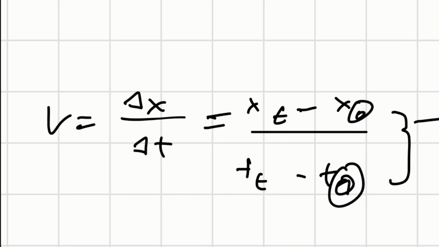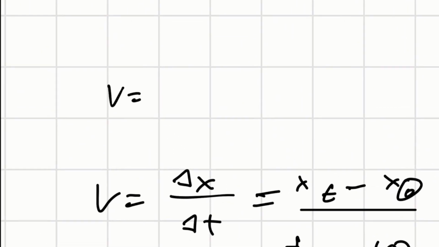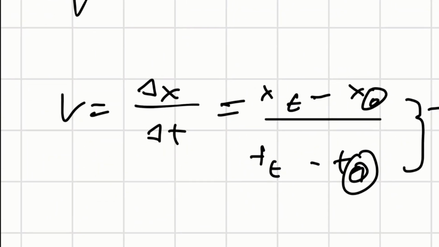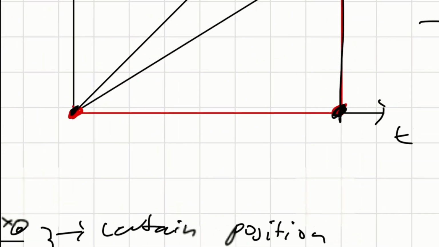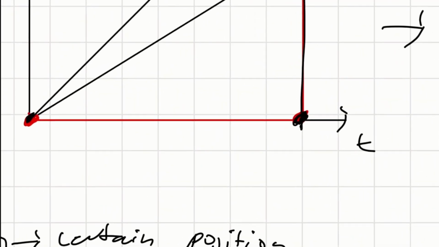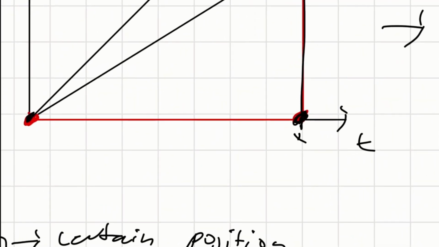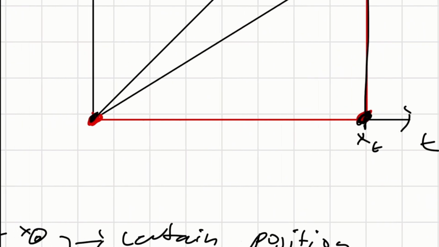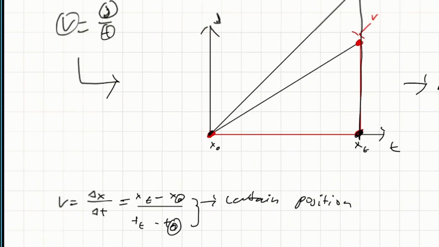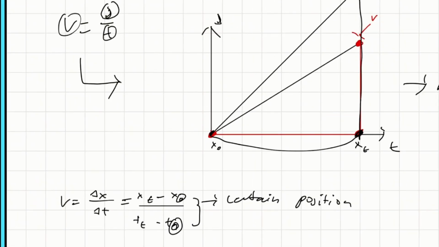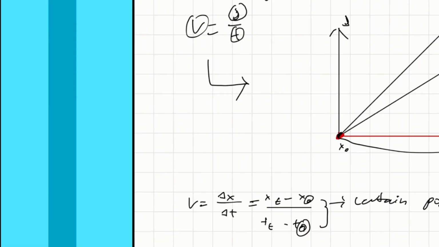Because instead of writing speed is nothing else than distance divided by time, in future we're going to write this. Speed is nothing else than delta. Delta is nothing else than the difference between 2 points. Let's say, for example, this is x_e, we're going to say what x_e is, and this is x_0. So delta is nothing else than the difference between those points.